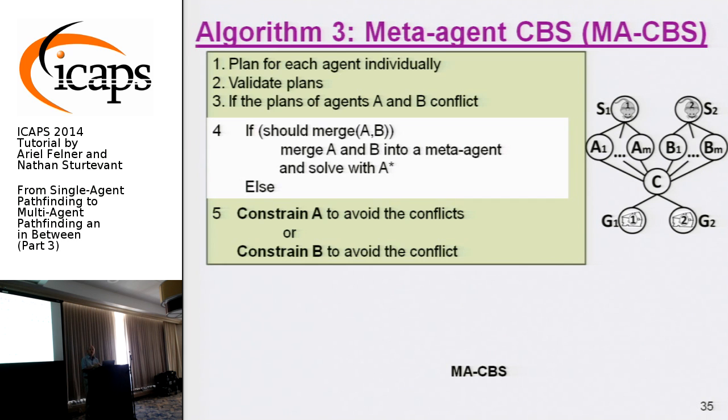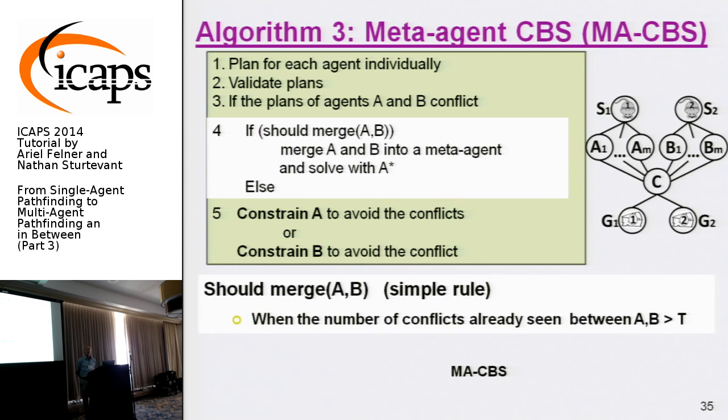A meta-agent is considered by the algorithm as a single agent, only it's two individual agents in two individual locations. But at the low level, instead of searching for individual agents, it will solve this meta-agent. But the rest stays the same.